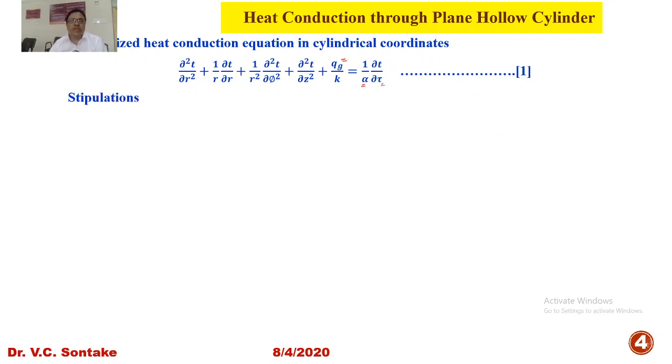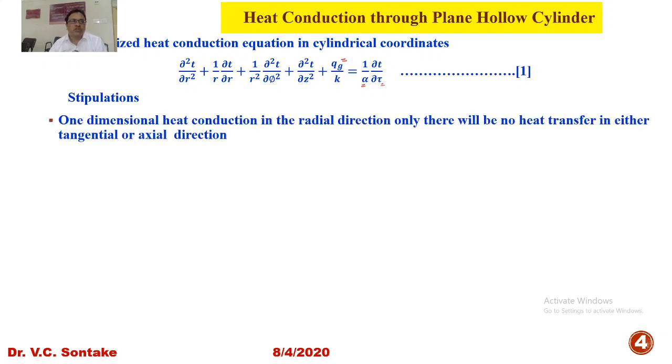However, since we have assumed one-dimensional steady-state heat conduction without heat generation through this plain hollow cylinder, this equation 1 is not going to serve our purpose. So we have to modify this equation as per our stipulations. The first stipulation is one-dimensional heat conduction in the radial direction only.